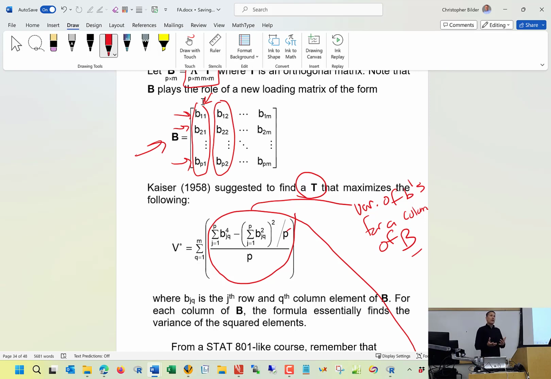Now, we have multiple columns. We have m columns. Remember, m will be the number of common factors. So, how about we just sum over all those columns these variance expressions, and in the end, we want to find a t that maximizes the sum.